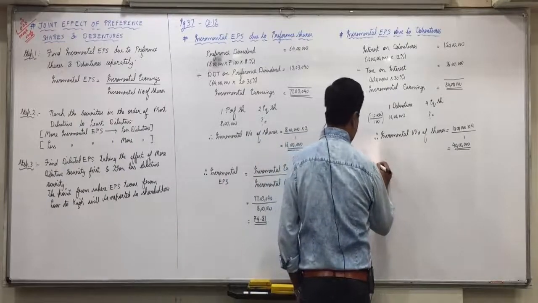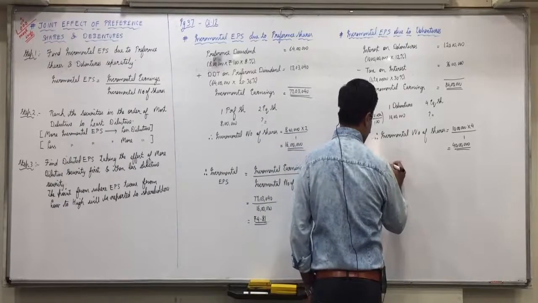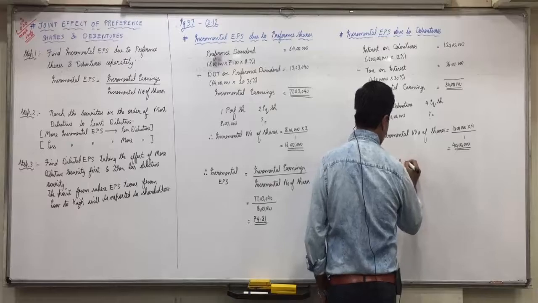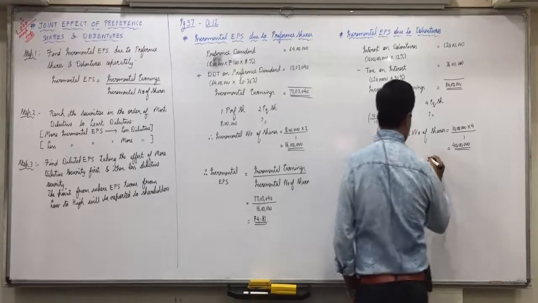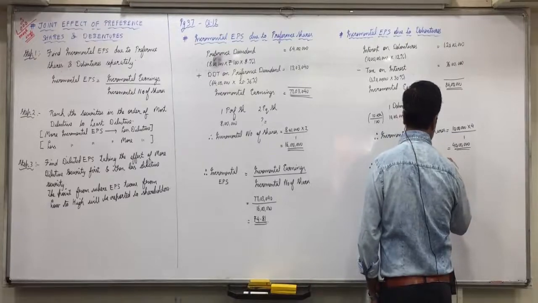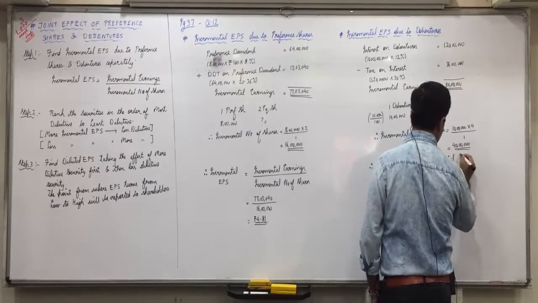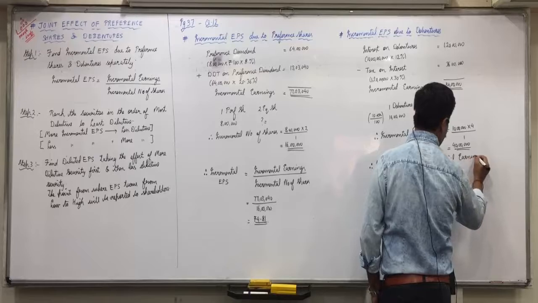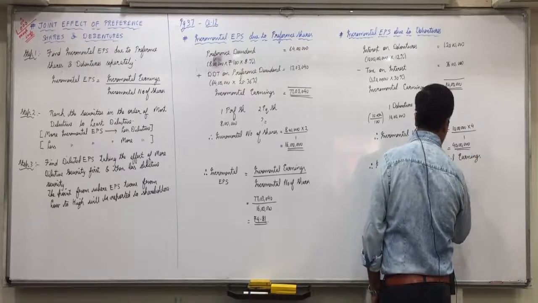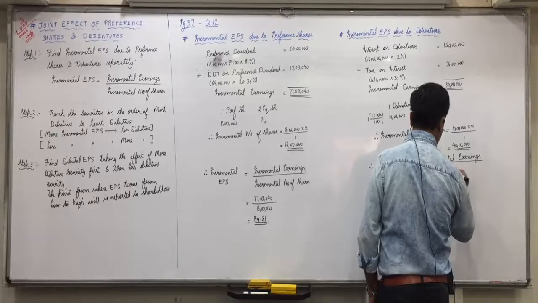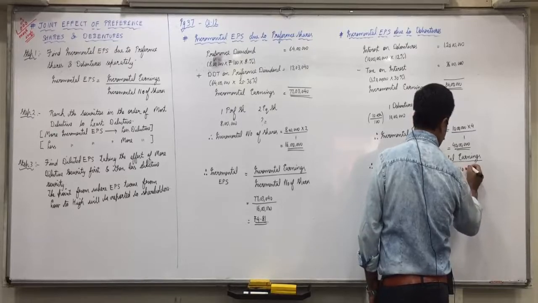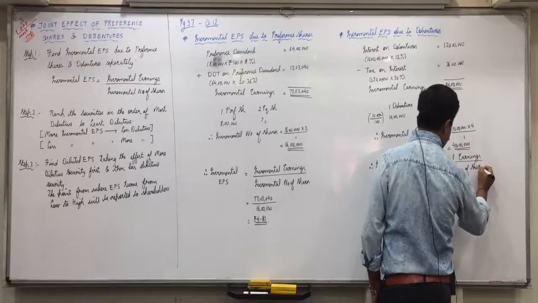Therefore, incremental EPS is equal to incremental earnings divided by incremental number of shares.